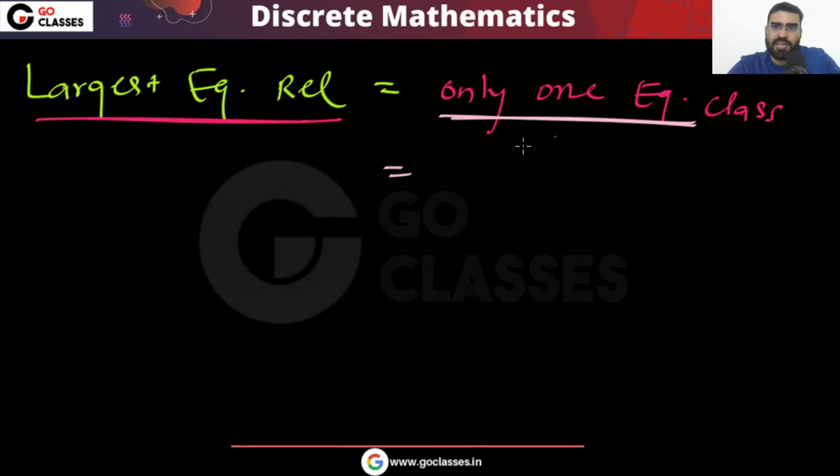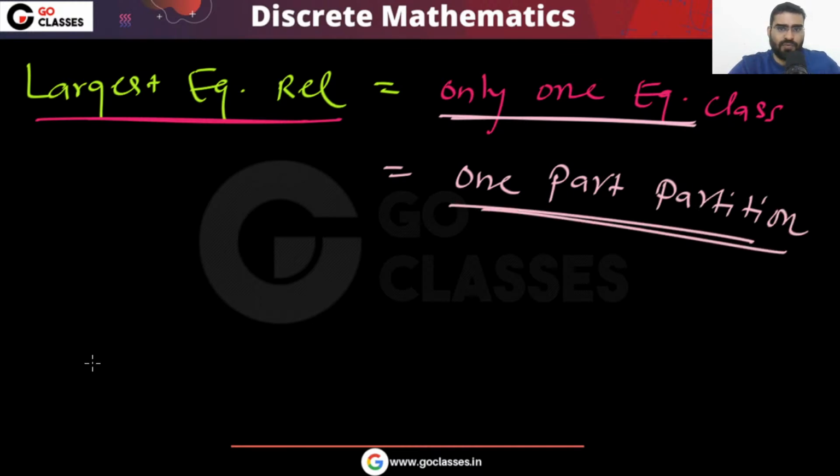If you have only one equivalence class, it means you have only one partition. And if you have one partition, then it simply means that all elements are related to all elements.